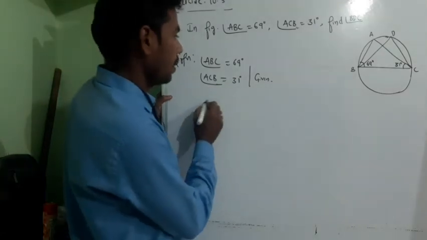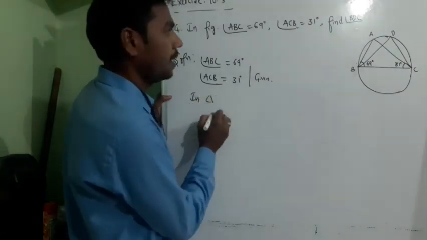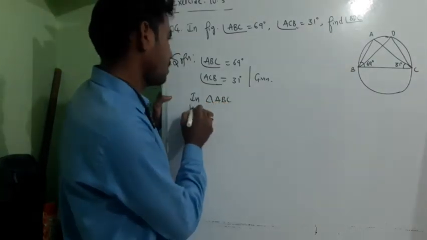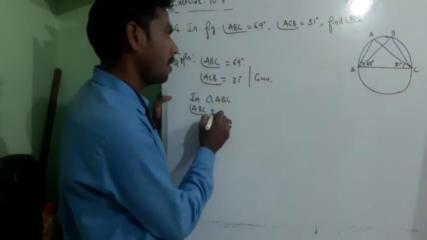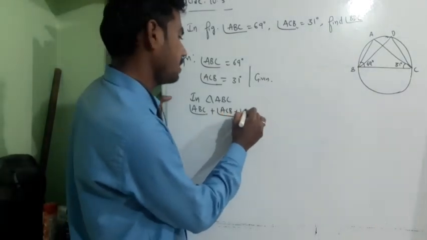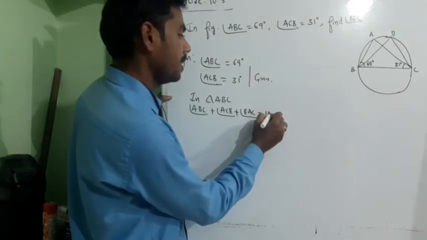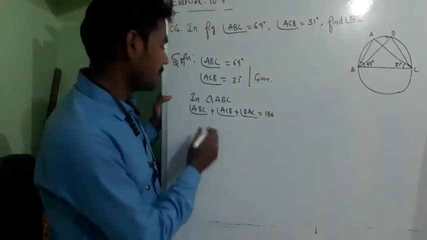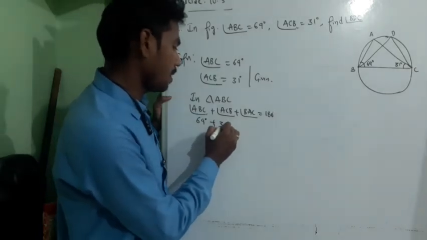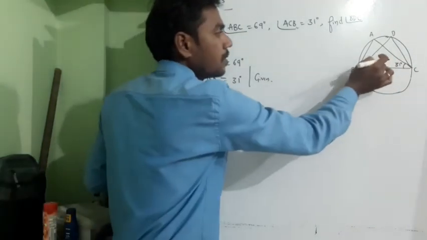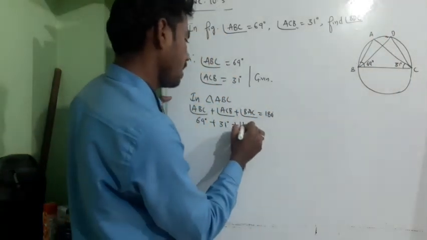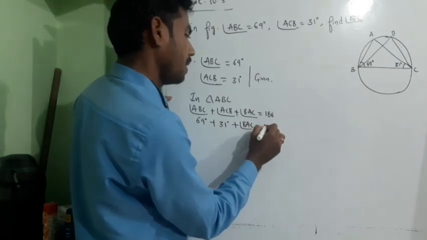Now in triangle ABC, angle ABC plus angle ACB plus angle BAC is equal to 180 degree. Angle ABC is 69 degree plus angle ACB is 31 degree plus angle BAC is equal to 180 degree.